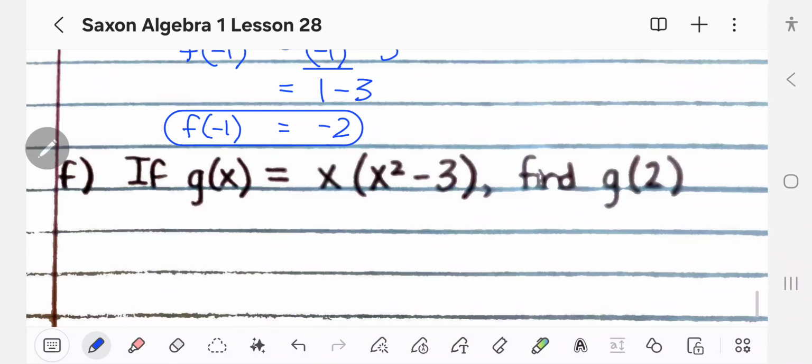F. If g of x, okay, this is a different function. Maybe this is George. If g of x is, and then there's your function, find g of 2. So we're going to find g of 2 by substituting a 2 in for all of the variables, the x's.